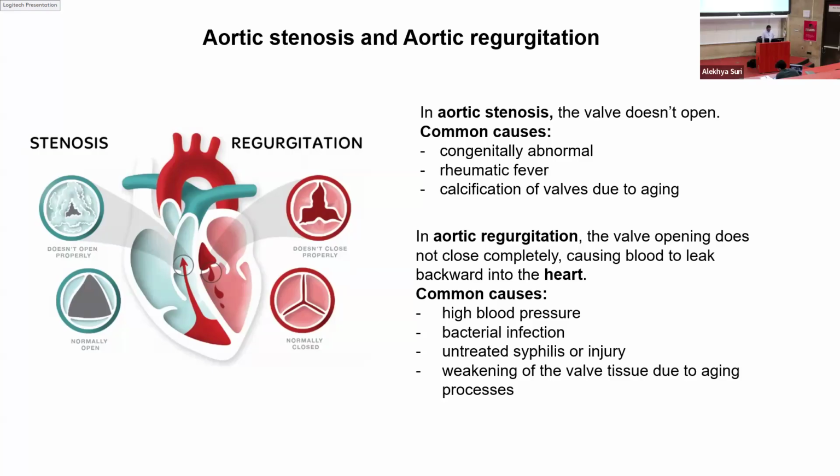failure. And aortic regurgitation is commonly caused by high blood pressure, bacterial infection, and untreated syphilis or injury. Or again, aging can also affect the valve function. So aortic stenosis and aortic regurgitation are also common causes of cardiac dysfunction in aged patients, or it's associated mostly with aging.